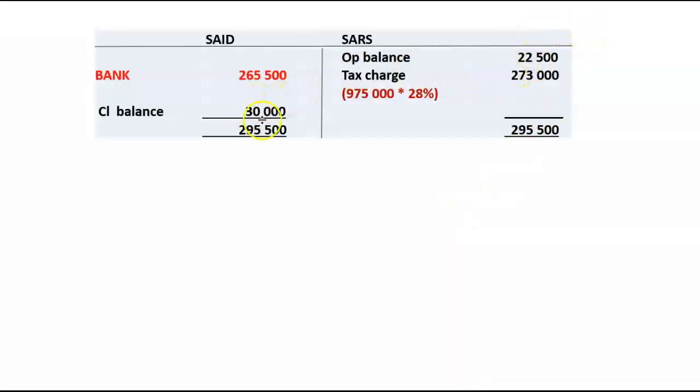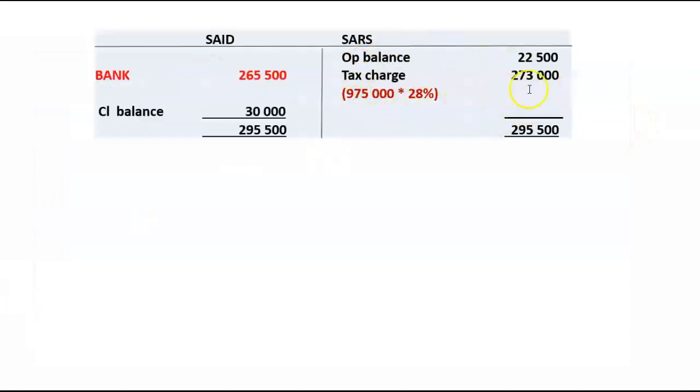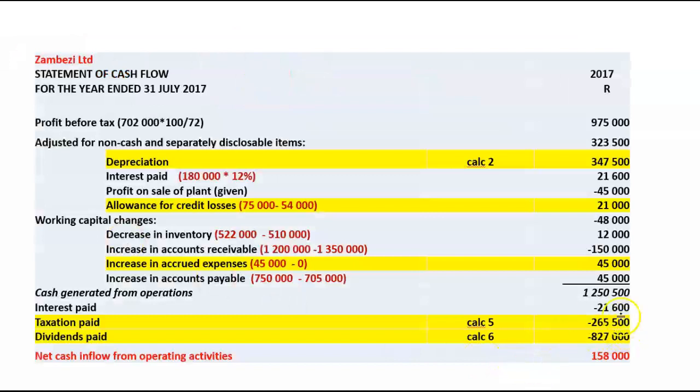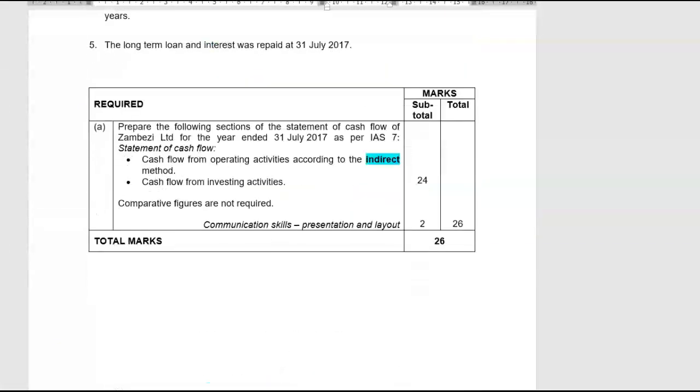Your tax charge for the year equals then our profit before tax of 975,000 multiplied by 28%, which gives us 273,000. And then our balancing figure, which will be then the amount actually paid as tax, 265,500.